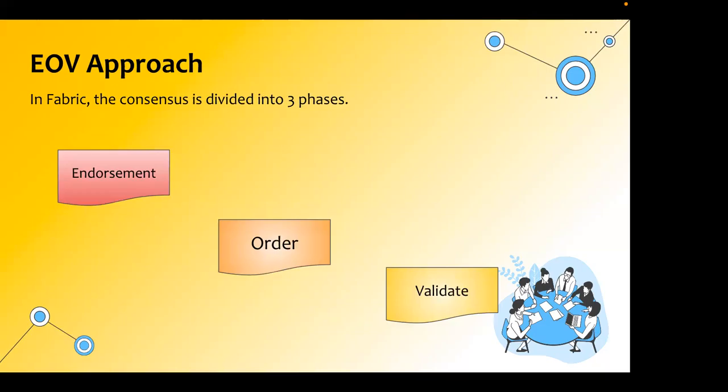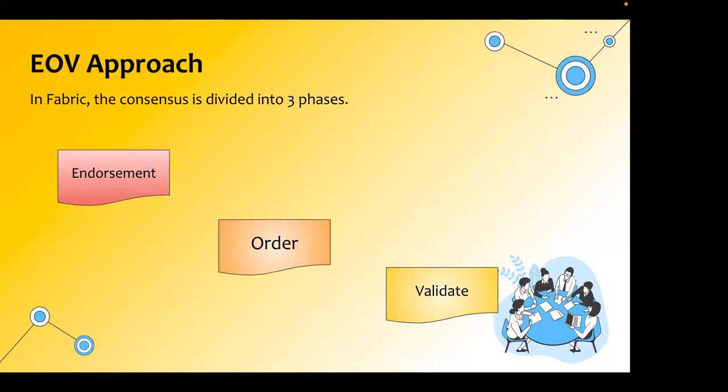But the ordering service's job is to create a block, arrange those transactions in a timely manner, and put them inside a particular block. After that it will broadcast to the leader peers of the organizations.